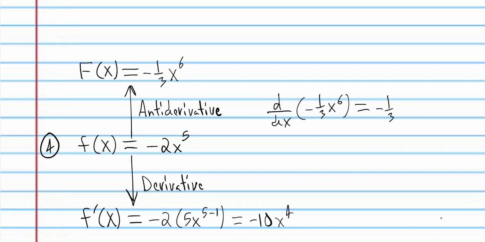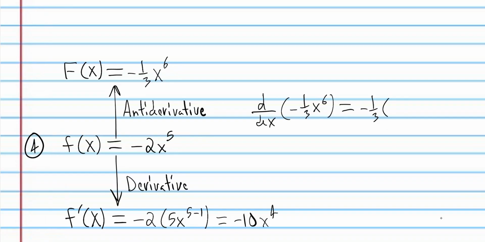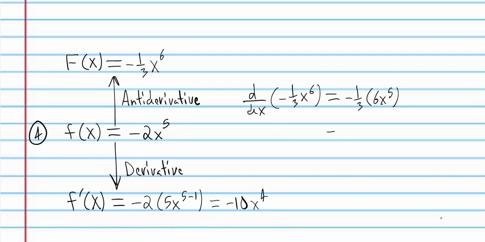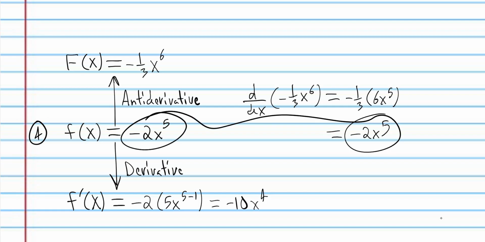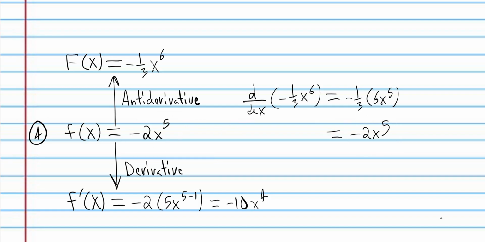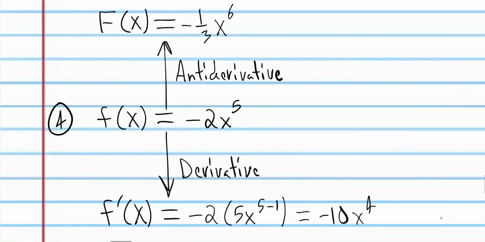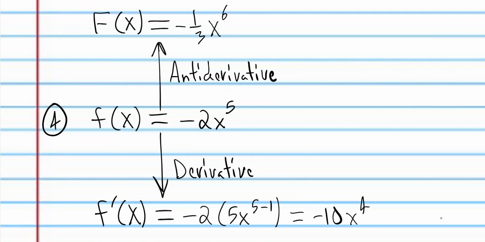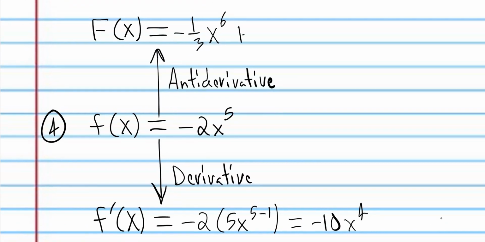So you take the constant and multiply it by the derivative of the function. And negative 1/3 times 6 is negative 2, and that's exactly what we're looking for. Okay? So it just takes a little bit of trial and error to do this. It's not something that's tremendously complicated. Now, we can't forget to write our c value, right? We have to write our c value.